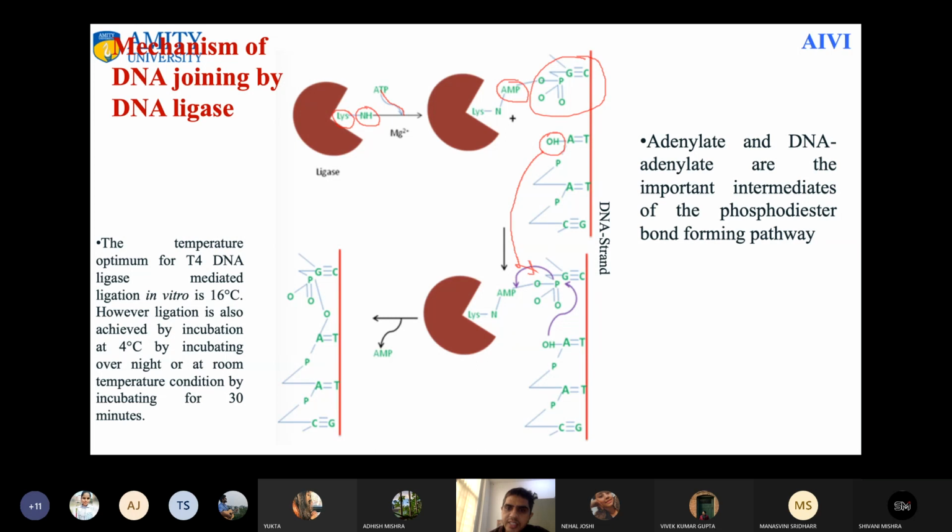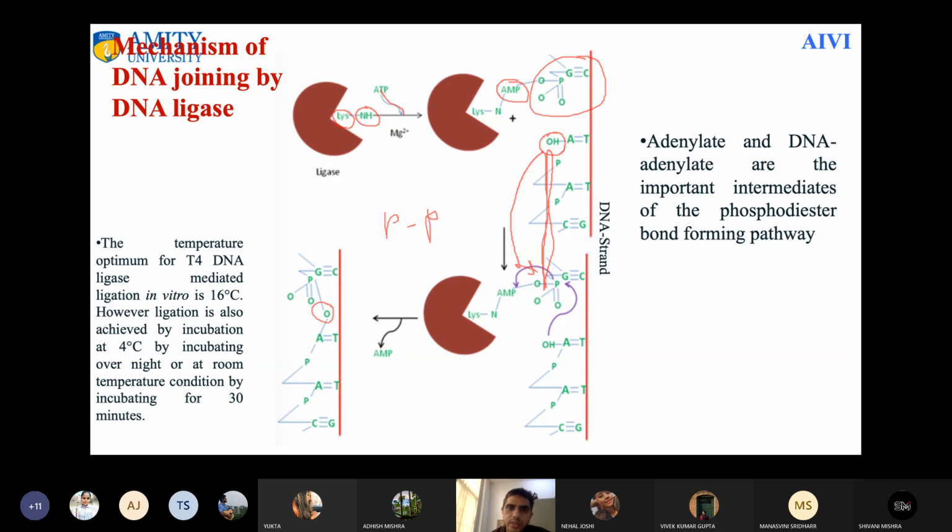When it attacks here, the enzyme AMP DNA complex is going to be broken down, and this node is going to be formed. So here the hydrolysis is going to occur, with the release of one water molecule. In this process, you need energy. That energy is going to be provided by the PP, which is released at this step. So the phosphodiester bond is going to be formed.